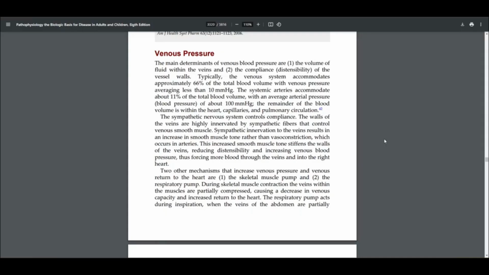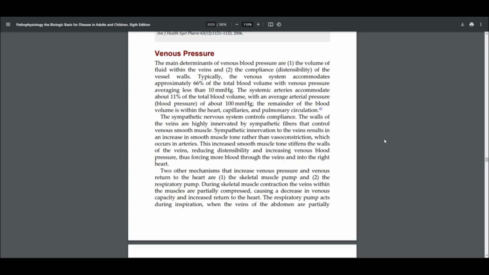The systemic arteries accommodate about 11% of the total blood volume, with an average arterial pressure of about 100. The remainder of the blood volume is within the heart, capillaries, and pulmonary circulation.